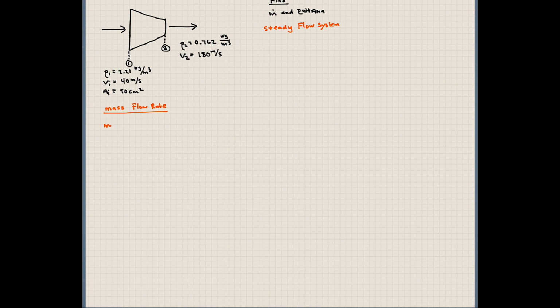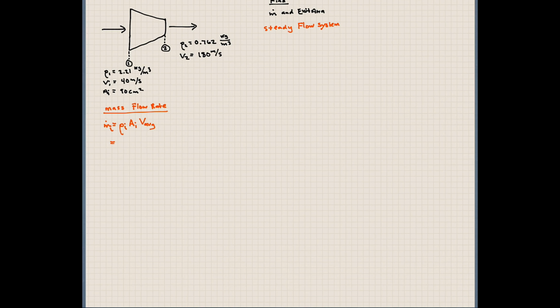So the mass flow rate through this system, we're going to use our mass flow rate equation, which is rho of our fluid at the inlet times the cross-sectional area at the inlet, times the average velocity. All of these are given at our inlet condition.